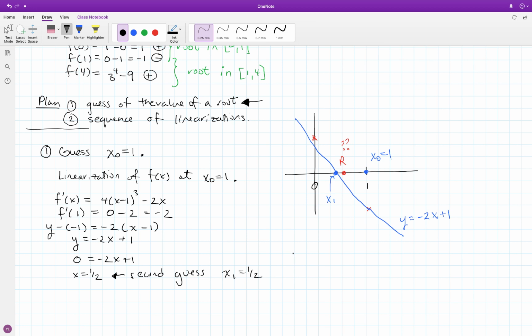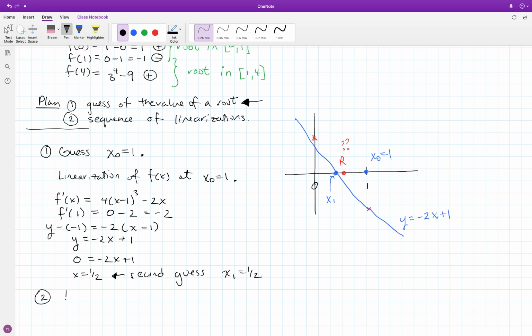Okay, so presumably I'm closer to the actual root now, and if I just repeat the process, I can use the following logic. I can say, well, if 1/2 is closer to the root, that means that the linearization at 1/2 is going to be closer to my function near where I need it to be.